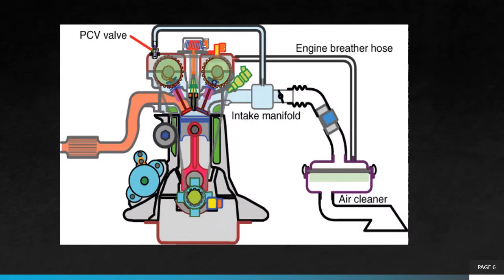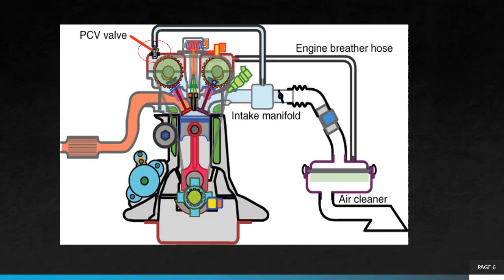Class, as I explained earlier, the pressure and blow-by build up in the crankcase area, but it does not occur only there. The pressure build-up from the crankcase area also goes up to the engine block, to the cylinder head, and lastly to the valve cover assembly of the engine.